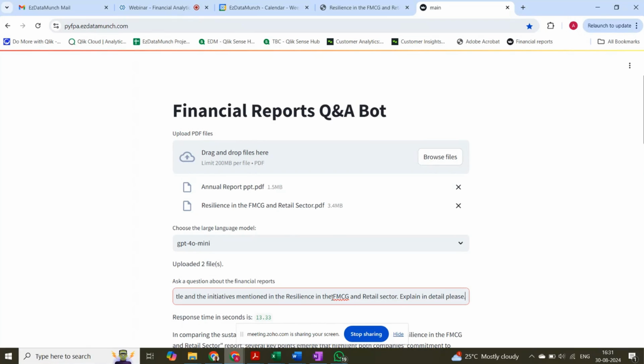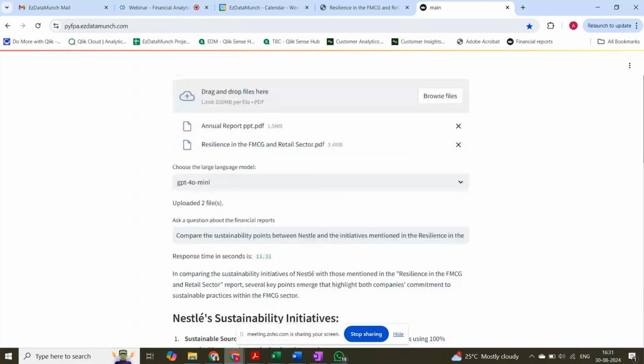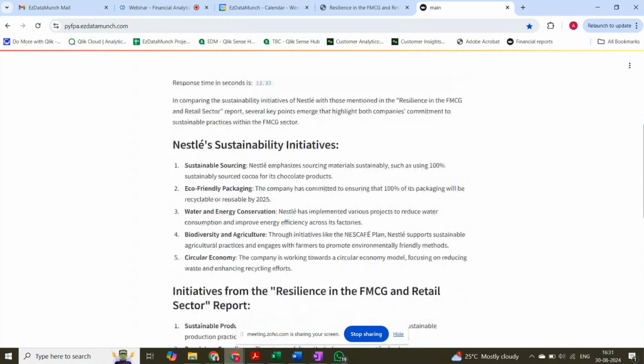Okay, it's given us an answer in 13 seconds. And now it's talking about what Nestle's sustainability initiatives are, and what initiatives Nestle is taking towards this particular topic.